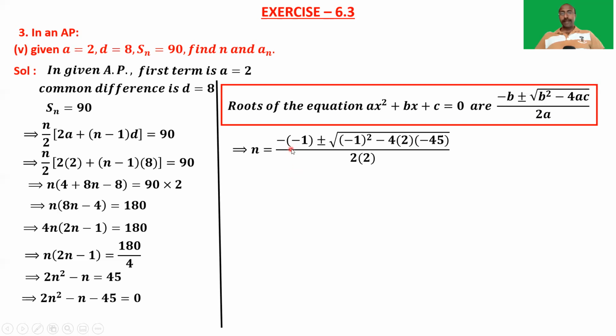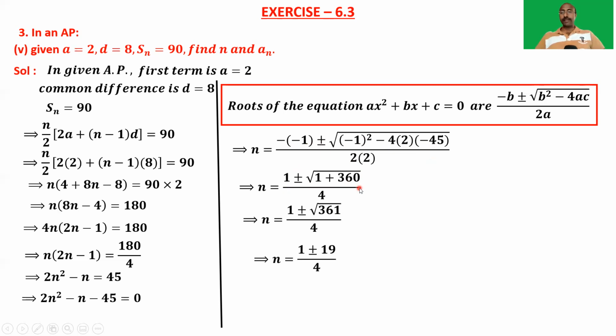So minus into minus is plus 1, plus or minus under root (minus 1) square is 1, minus into minus is plus, 4 into 8 into 45 is 360. In that way, we get 1 plus or minus root of 1 plus 360, by 2 into 2, that is 4. And we know that root of 1 plus 360, that is 361, is 19.